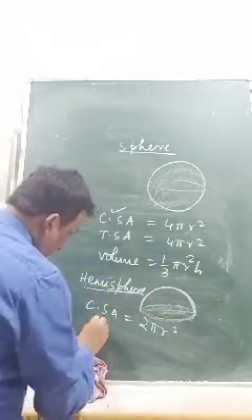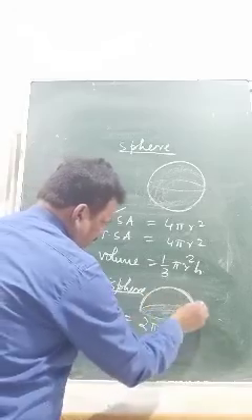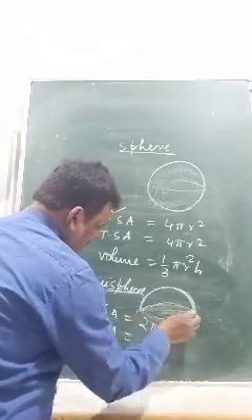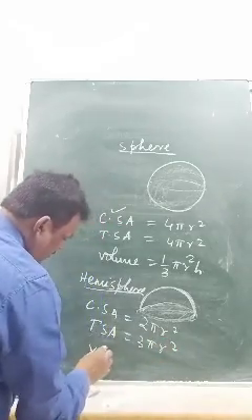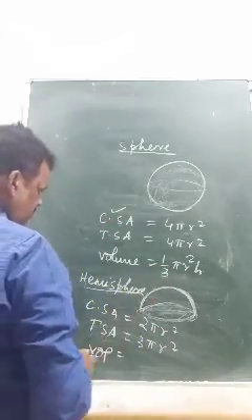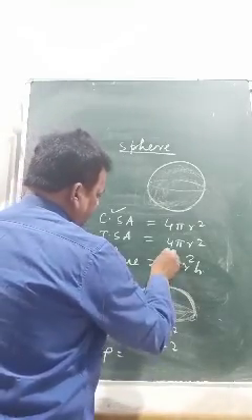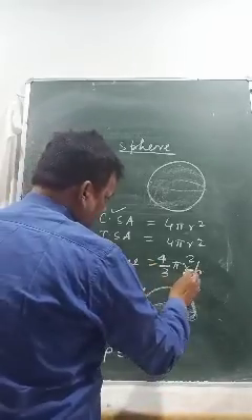But when you go to total surface area, this is 2 pi R square, then this base, so 3 pi R square. When you talk about volume, that is half of this, 4 by 3 pi r cube.